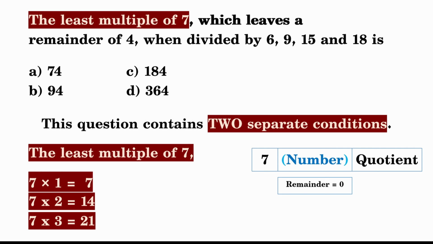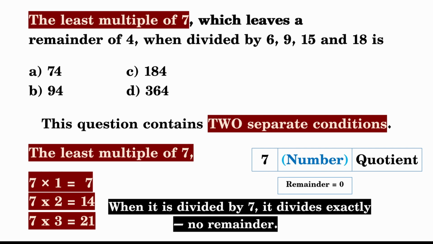For example, if the number is 14, 7 times 2 would be 14, and there's no remainder. If it's 21, 7 times 3 would be 21, so there's no remainder. So when it is divided by 7, it divides exactly with no remainder.